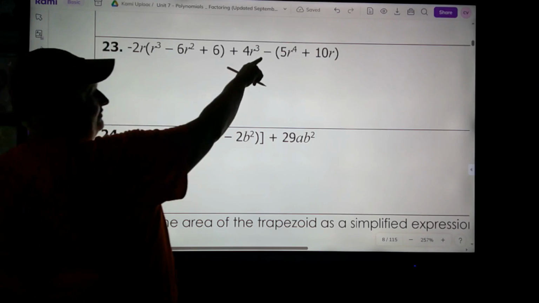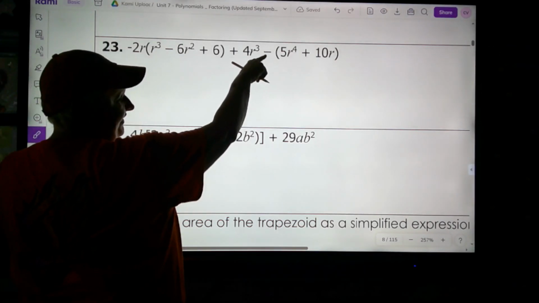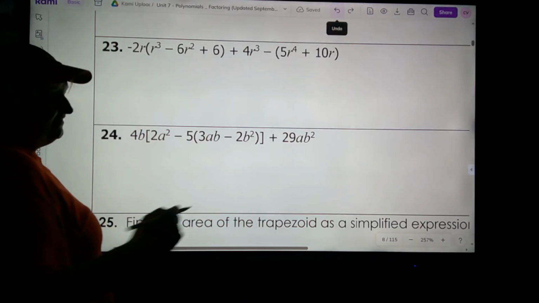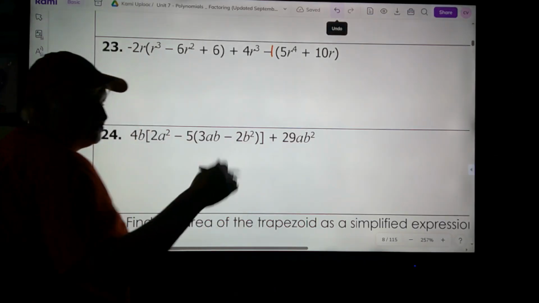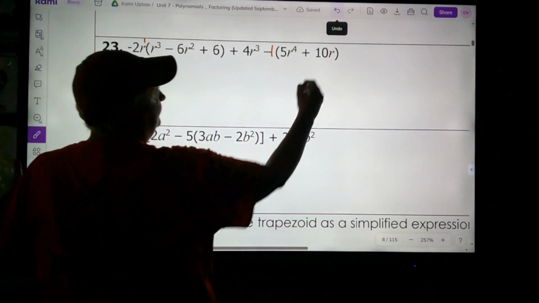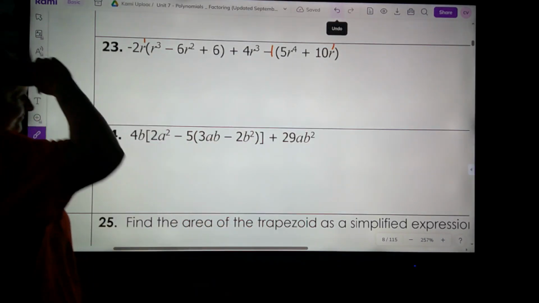This is what I was talking about. A negative sign before a parentheses like that, don't get tricked. There's an invisible 1. Distribute the negative 1. Any other invisible ones? Okay.